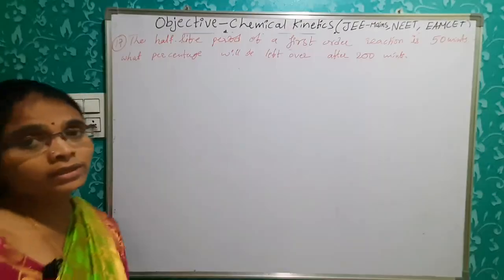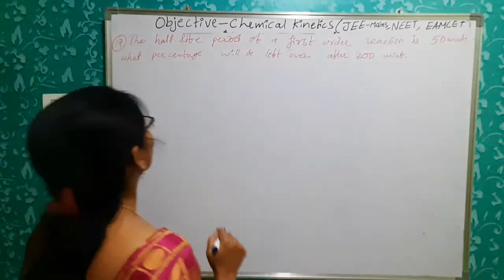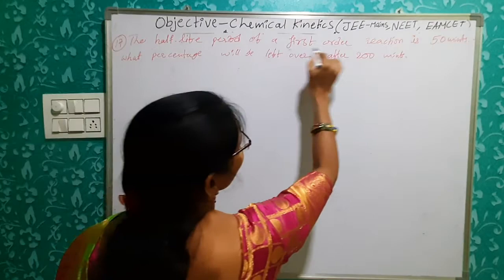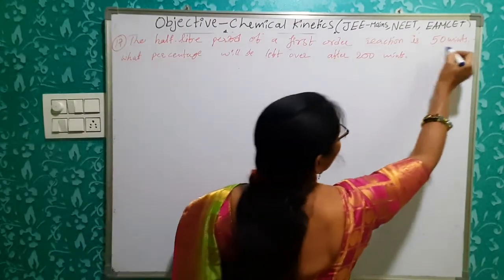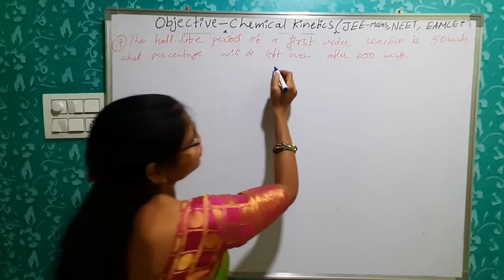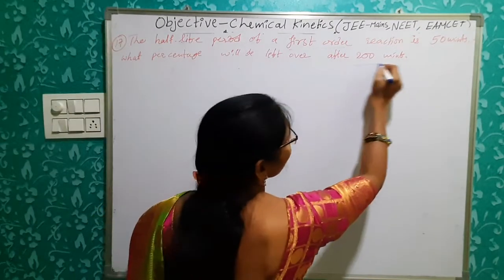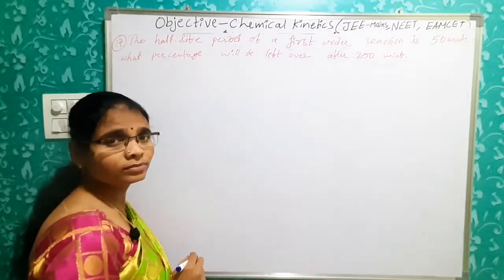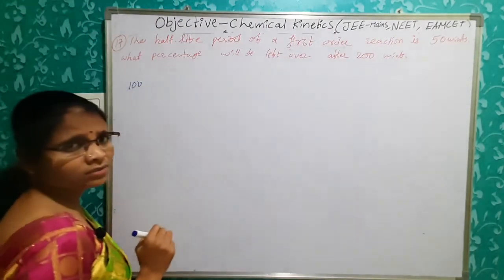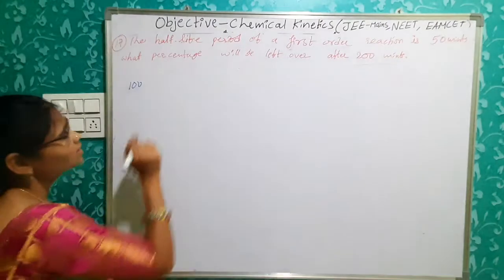Next, a simple problem. Half-life period of a first order reaction is 50 minutes. What percentage will be left over after 200 minutes? Initially suppose you take 100 moles per liter, 100 grams.